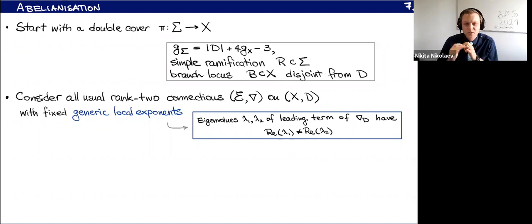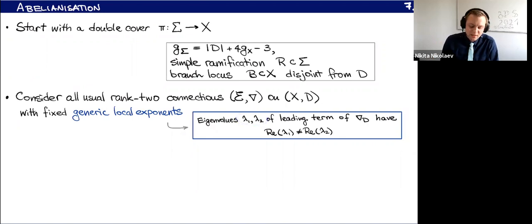Local exponents are just this: if you take your connection and restrict it to an irregular point, you look at the principal part of the connection at that irregular point, and you want to look at the leading order term in that principal part. That's going to be some matrix with eigenvalues lambda 1, lambda 2.